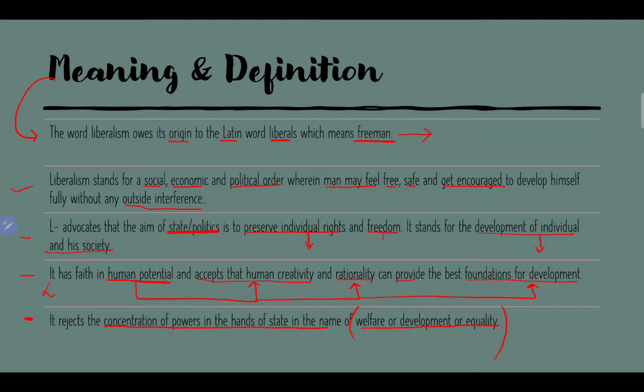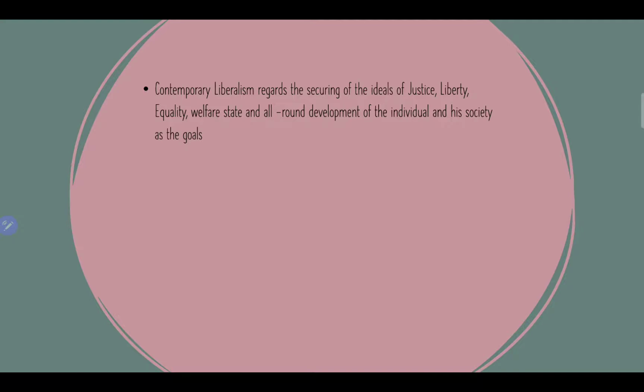If the power is in the hands of the state, but those people or organizations are not doing any good for welfare, development activities, or equality for the person, that notion is totally rejected by liberalism.